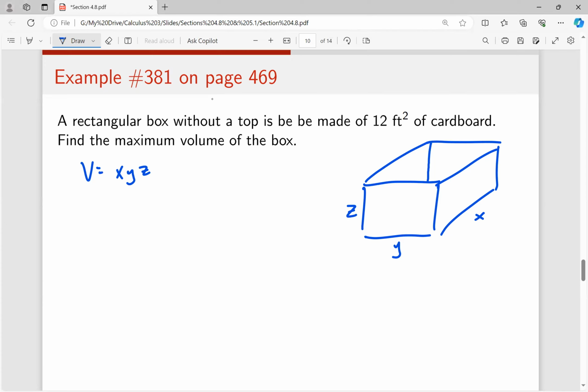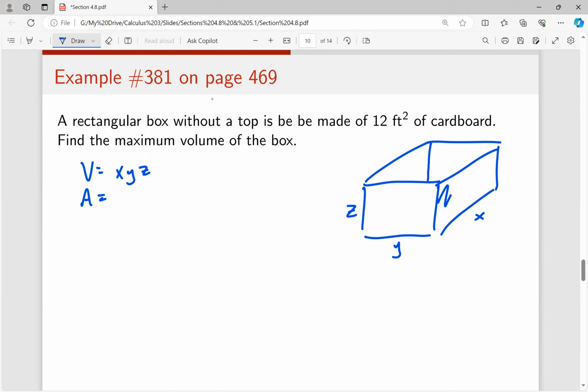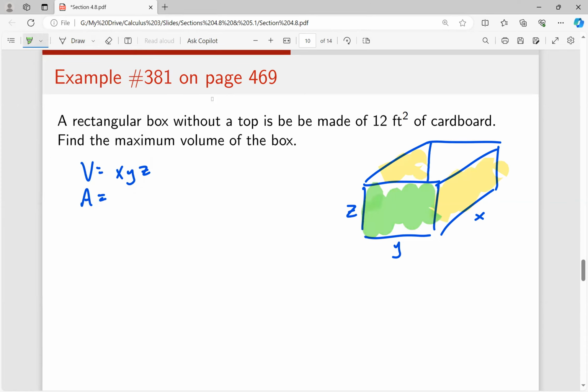And then the area of the box is my constraint. I can count: there's this side, there's two of this kind, two of this kind, and then there's the bottom.